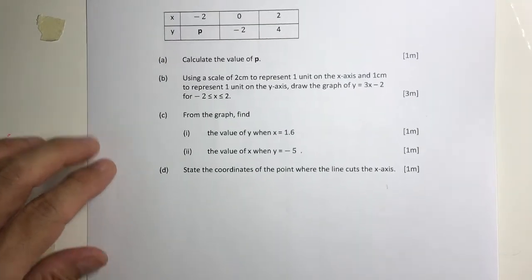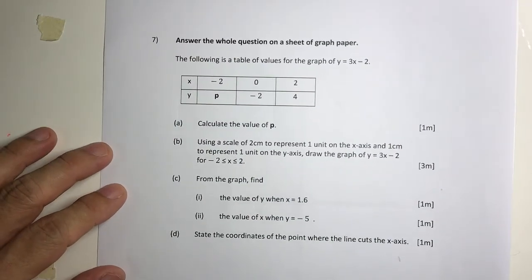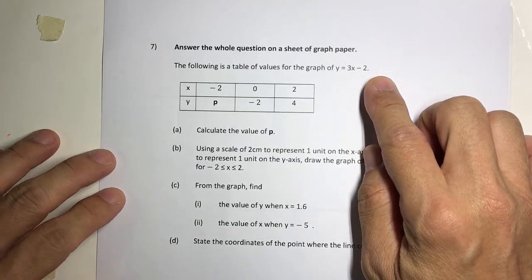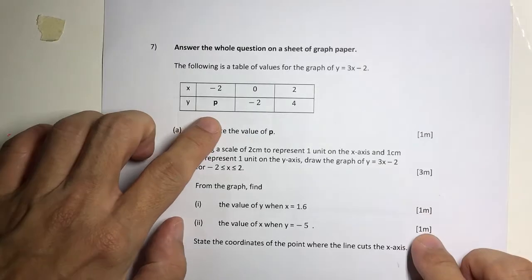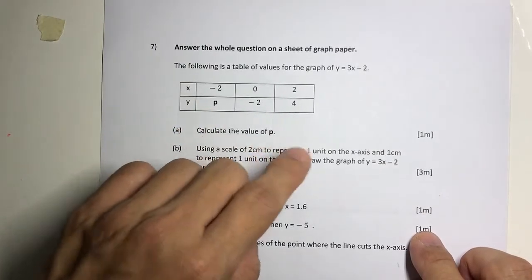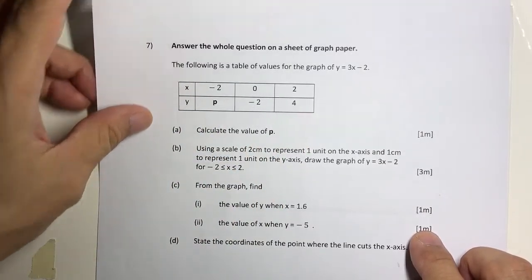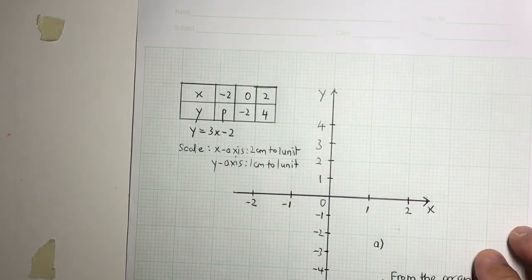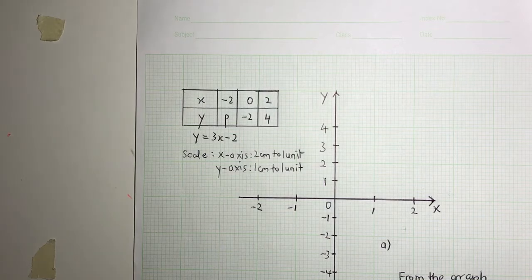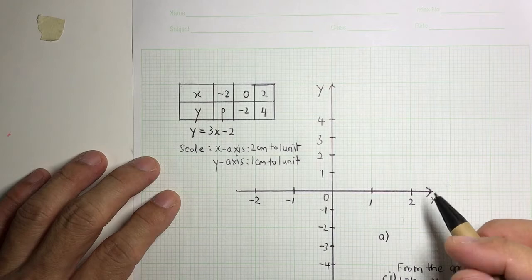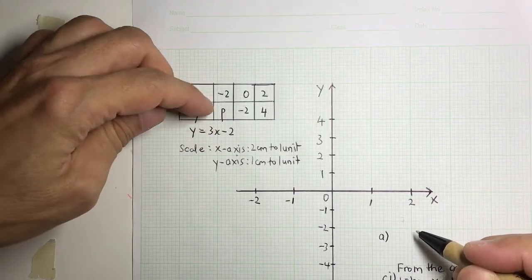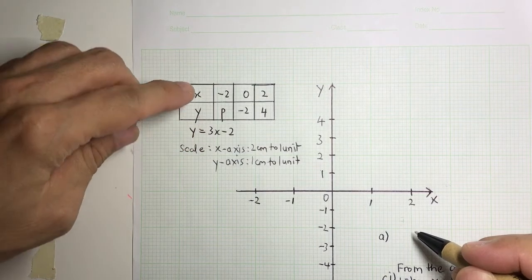In the last sum, we need to draw a graph of y equals 3x minus 2. The first part of the sum requires us to calculate the value of p. Since the question asks us to calculate the value of p, we need to show how we calculate p, and p is substituted into the equation.